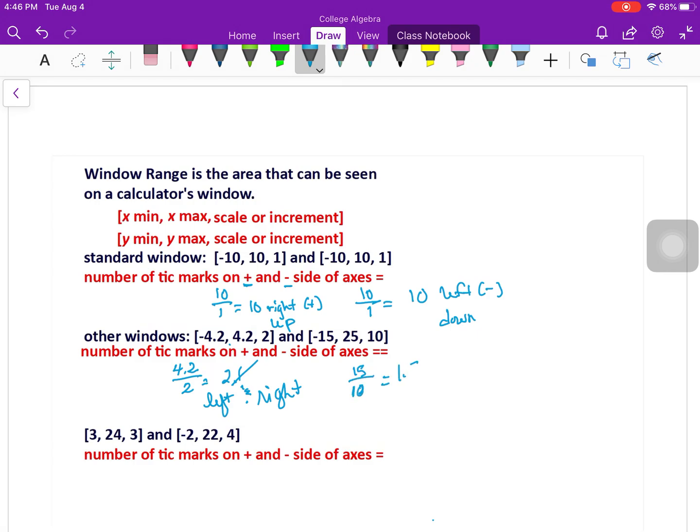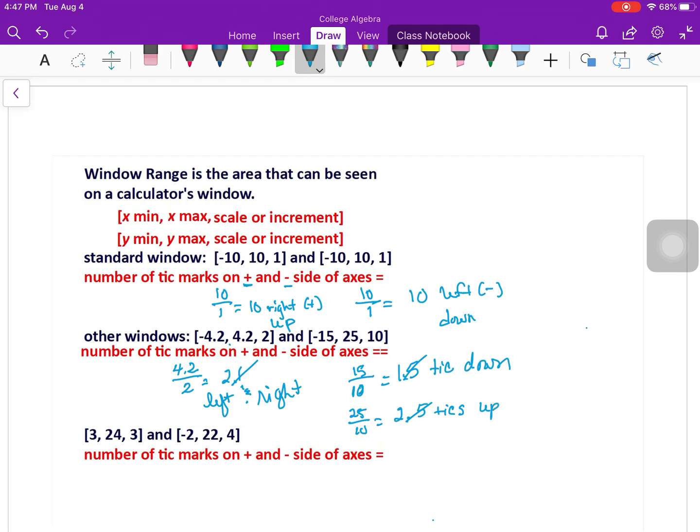Now, our y's differ. We have negative 15, so 0 to 15 is 15 down, divided by 10. That gives me 1.5. Again, I cannot have a decimal part, so this would be 1 tick mark down. And from 25 to 0 is 25. Counting by tens gives me 2.5.